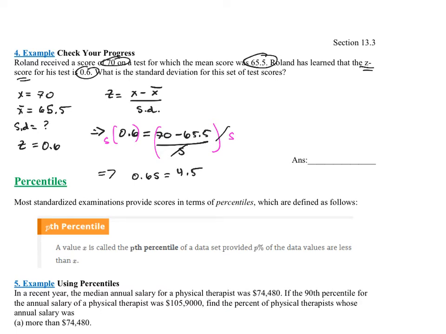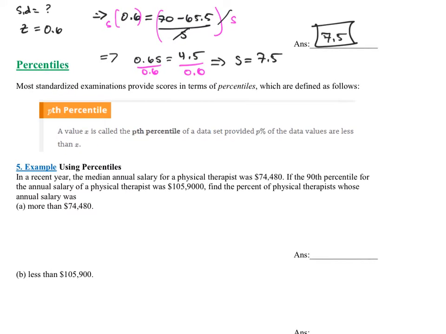I divide both sides by 0.6, and I end up with s equals 7.5. So, what was the standard deviation of test scores? 7.5 was the standard deviation of those test scores.